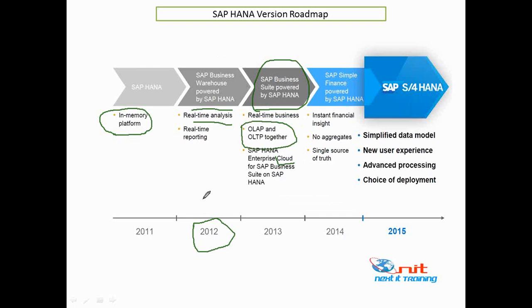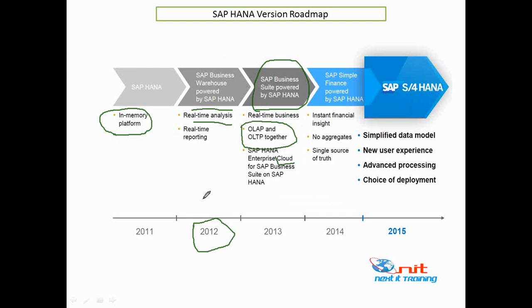We all know what online analytical processing and online transaction processing are, right? The biggest advantage of SAP HANA is that you can bring both these things together. Generally we used to work on OLAP and OLTP in separate systems to handle multiple things.